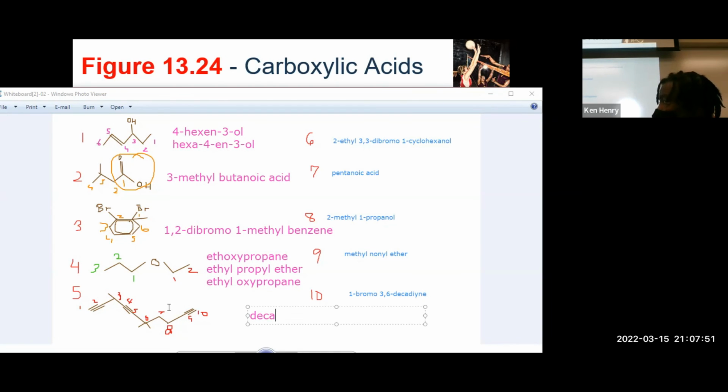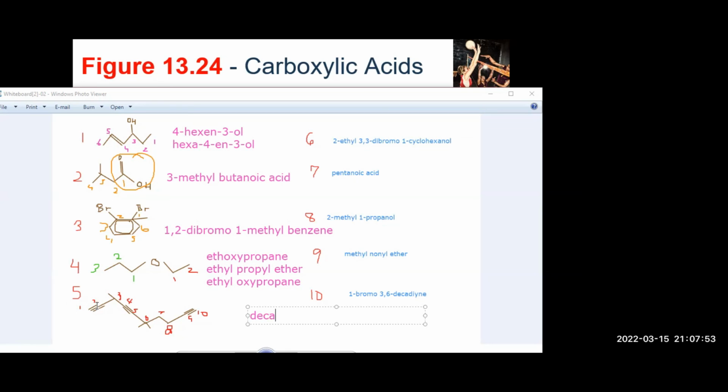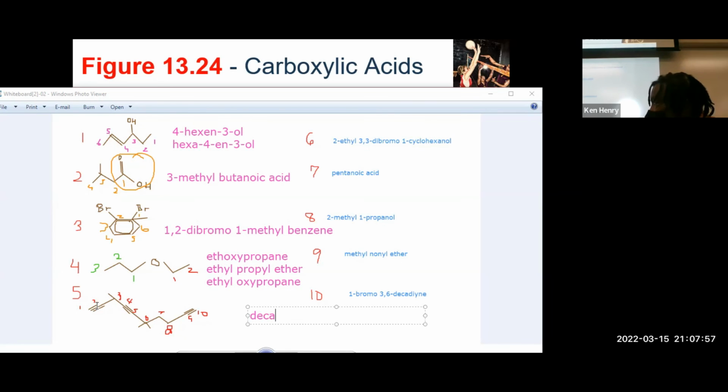How many do I have? 1, 2, 3 triple bonds. So how would I say tri? Deca-tri-yne. I have to say where they are located. We only put where they start, so it's 1, 4, and 9.